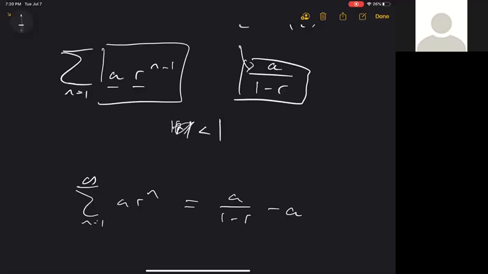If you just want to memorize one, which is usually what I do, I try to memorize the least number of formulas possible. If you don't want to memorize this additional formula, what do you do when you're given this wrong exponent here? There's a trick. You're just going to split off one of those R's.